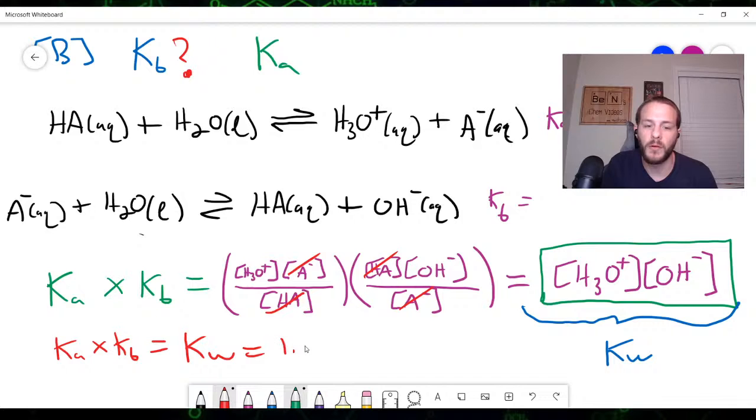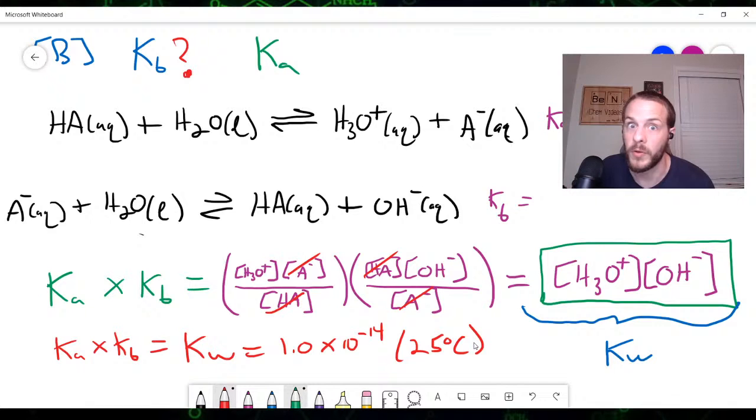Of course, that's assuming that the reaction is taking place at 25 degrees Celsius, which is the most commonly reported temperature in chemistry textbooks. So Ka times Kb is equal to Kw at 25 degrees, and that value of Kw is 1.0 times 10 to the minus 14.